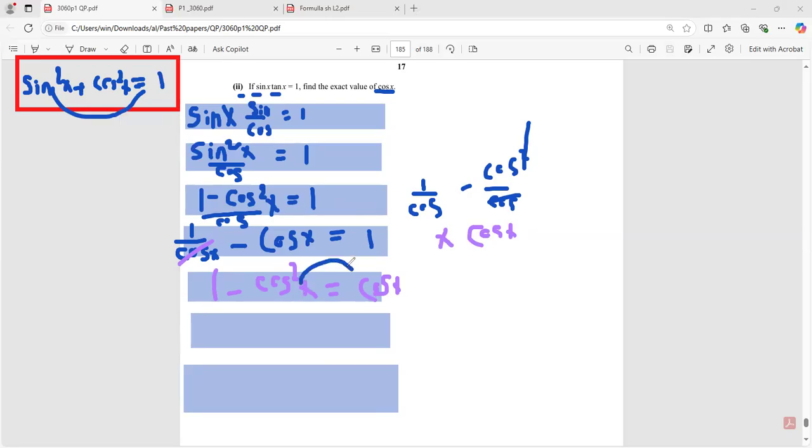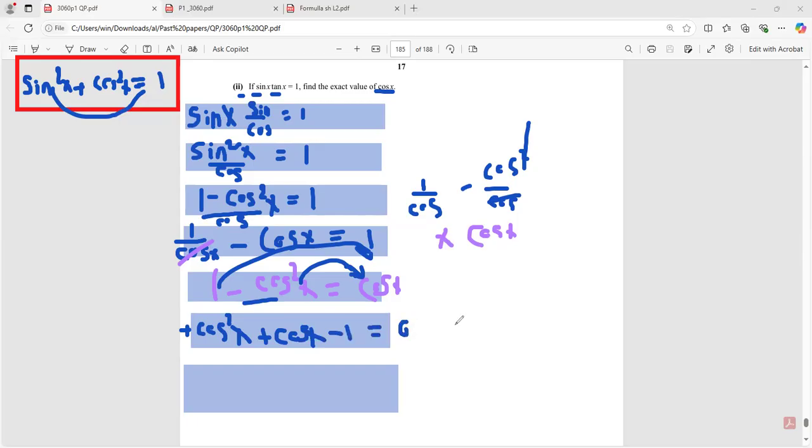I'm going to change the signs just to make it 0. So instead of negative cosine squared x, it will be positive cosine squared x, plus the same sign, cosine x, minus 1 equals 0.